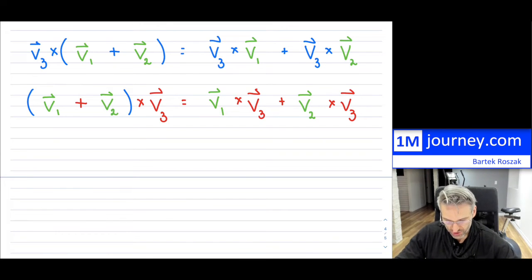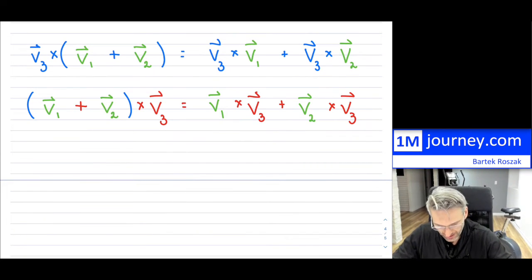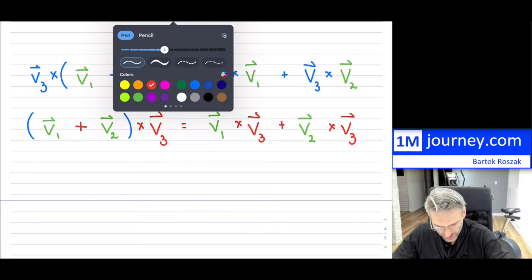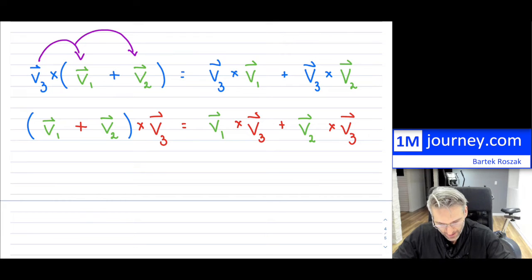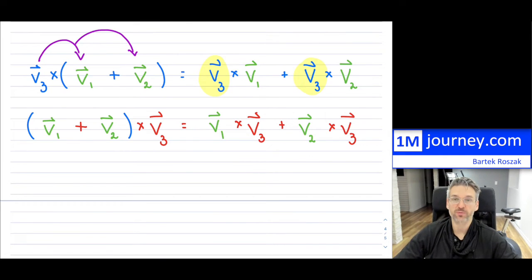But we have to be careful, because as you distribute these through, notice that you have a plus right there, and it will distribute across there, but it is the first vector that matters. So it will distribute, but it's going to be the first vector.